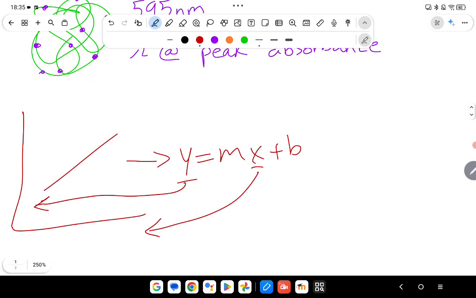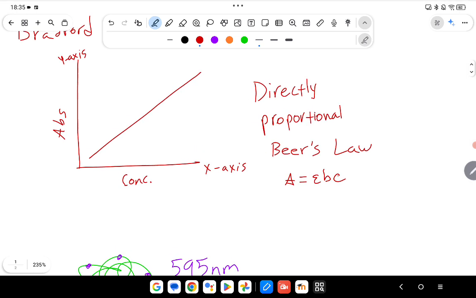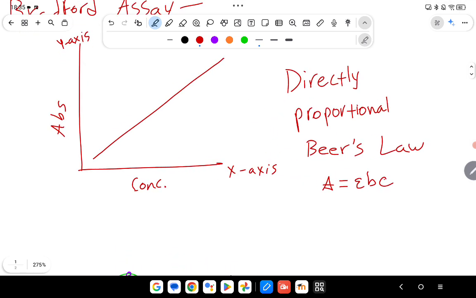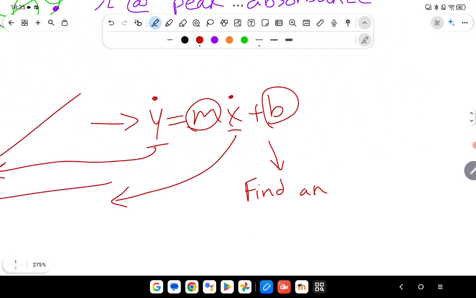Using this slope formula, we get a slope value and an intercept, and we can use this to find an unknown, as long as we know either the x or the y value of that unknown. In our case, we knew the absorbance of our unknowns, but we did not know the concentration, and that's what we had to calculate.